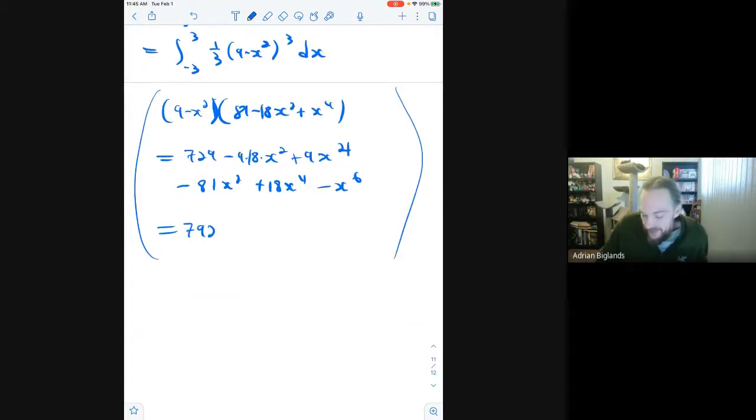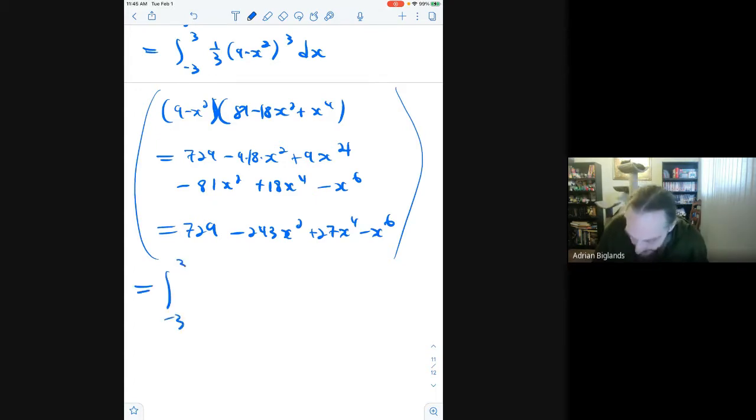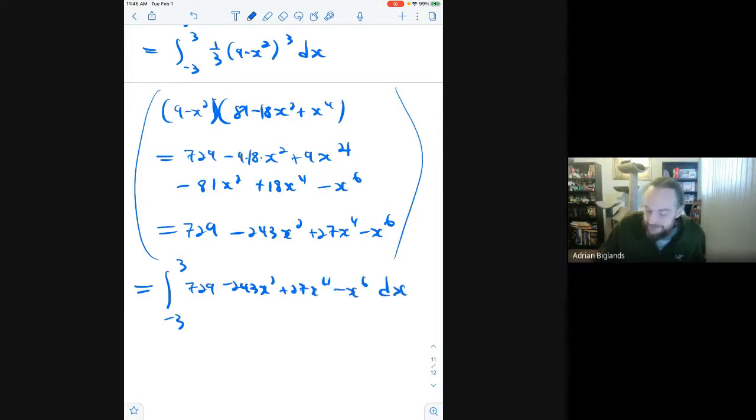This is 729 minus 243 x squared plus 27 x to the 4 minus x to the 6 is where I'm getting that. So this should equal the integral from -3 to 3 of 729 minus 243 x squared plus 27 x to the 4 minus x to the 6 dx.